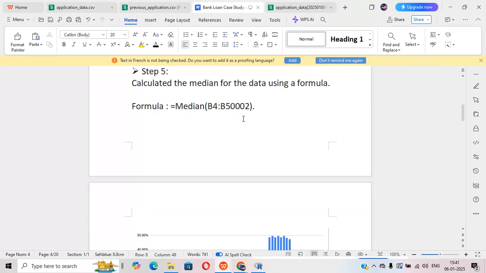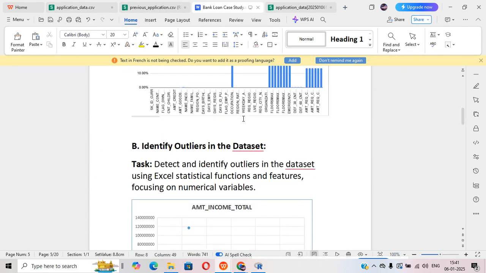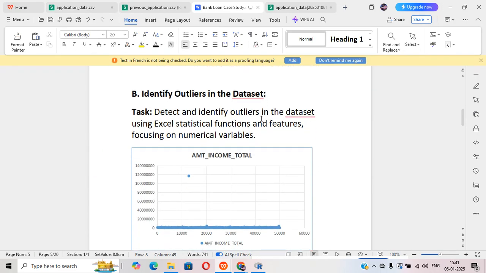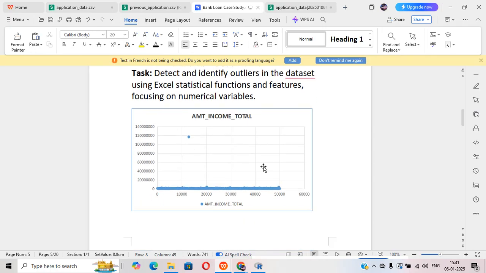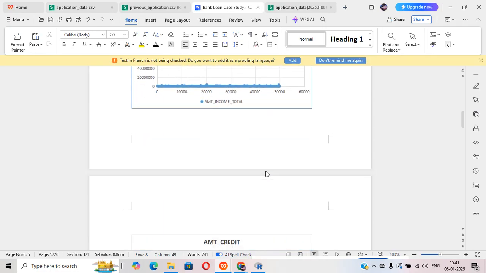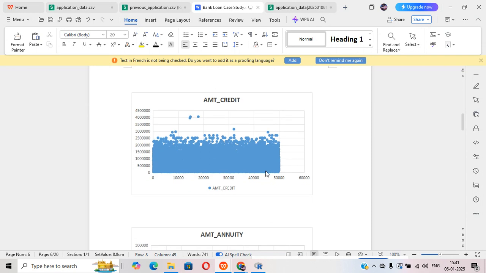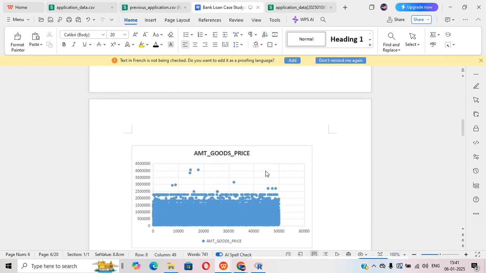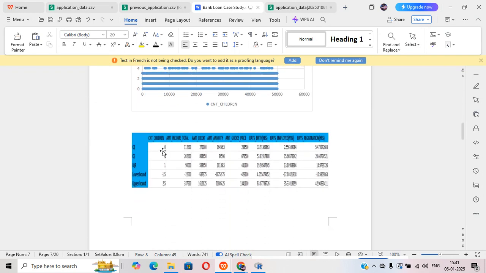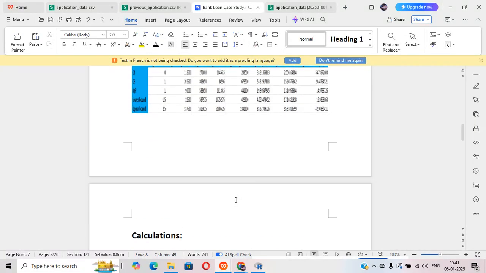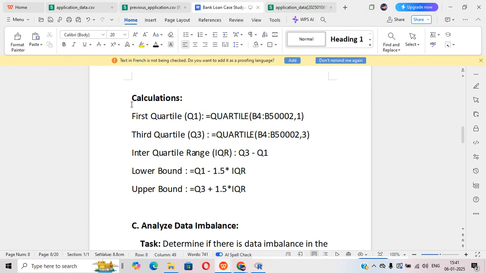I have attached the screenshots also. For the second task, I have attached the screenshots of the scatter plots and the calculation screenshots also, and this is the formula I have used for these.